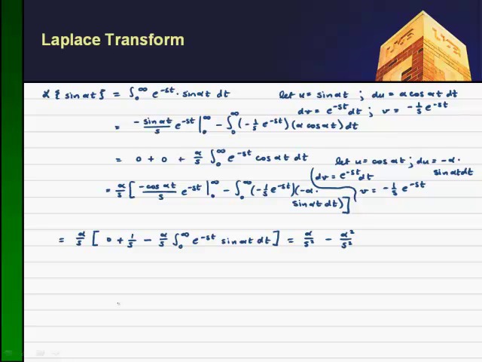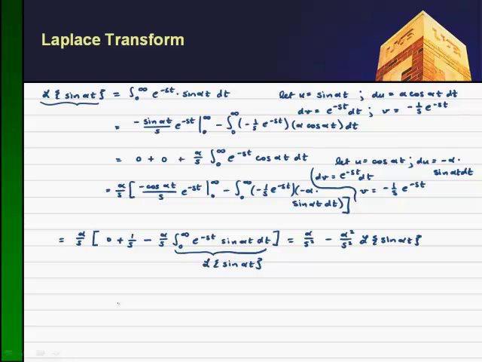And at this point, we should be able to recognize that this is just what we originally asked for. It's just the Laplace transform of the sine of alpha t. So I'll just write this as the Laplace transform of the sine of alpha t.